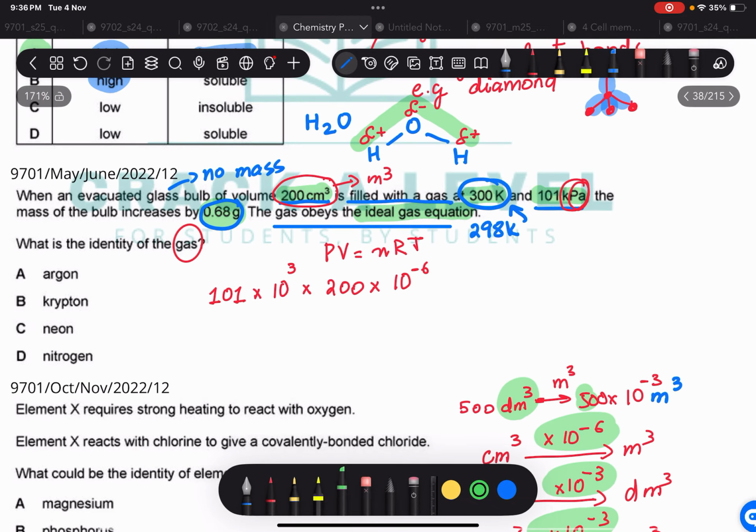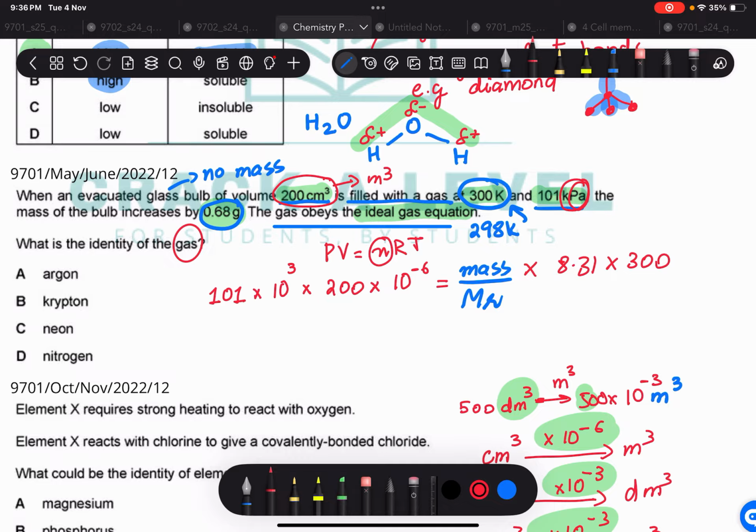So, PV equals nRT. Now n is the number of moles, which can be replaced by moles equals mass upon MR, multiplied by R, which is 8.31, multiplied by temperature, which is 300. We need to find the MR, so we make MR the subject.